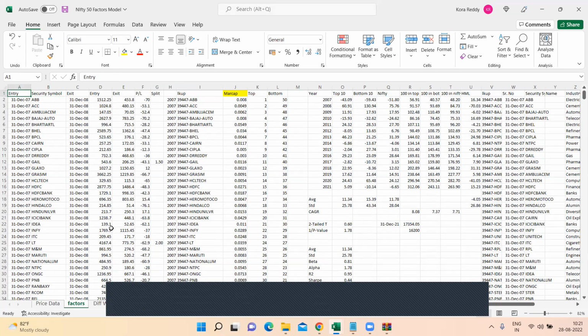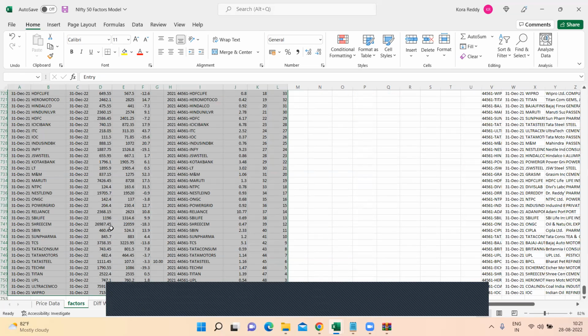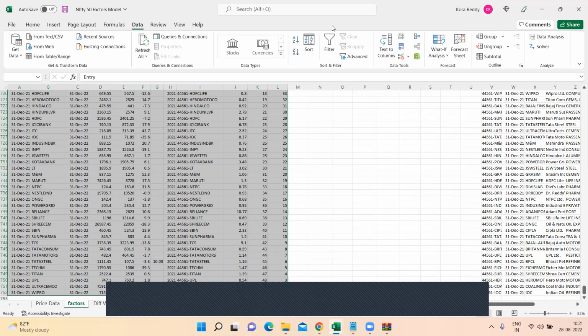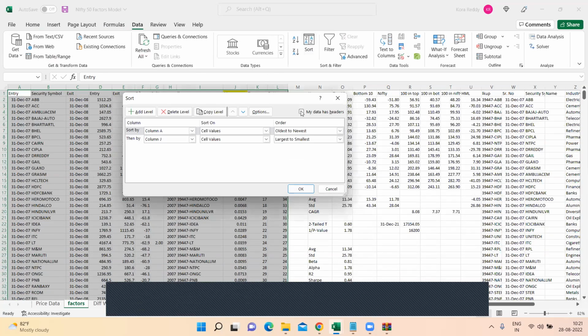Now what I have to do is I have to arrange each year wise top and bottom market cap. So I'm doing a sort. My data has headers, entry, that is your date.